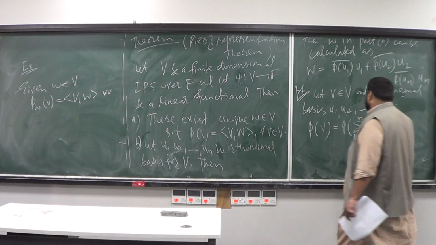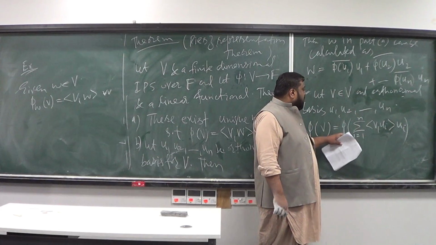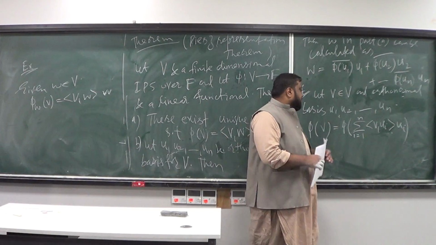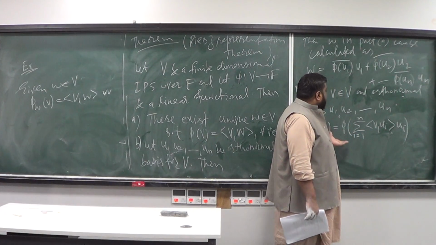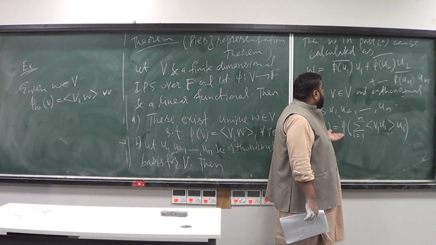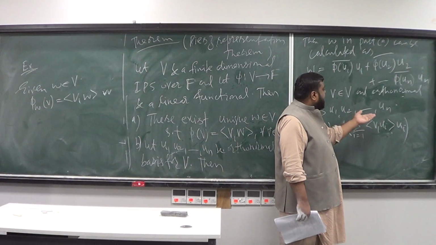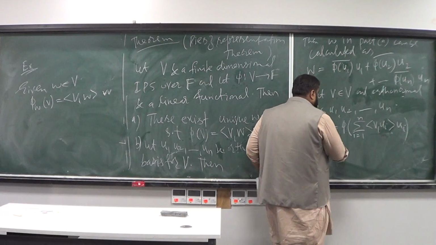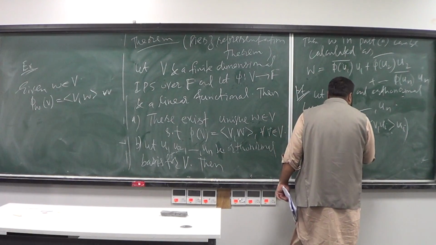Now phi is a linear transformation. So phi preserves addition and scalar multiplication. In other words, phi of the sum is going to be equal to the sum of the phi.